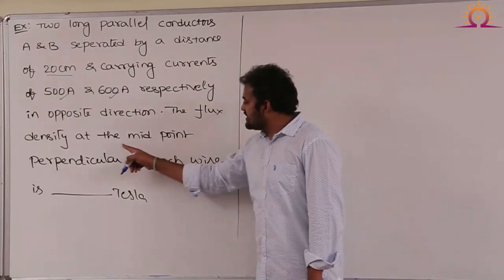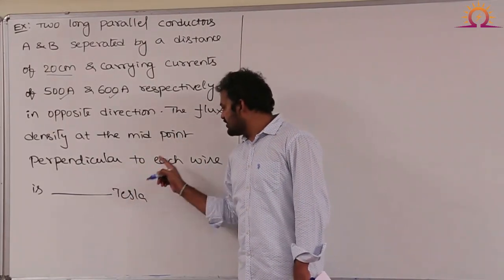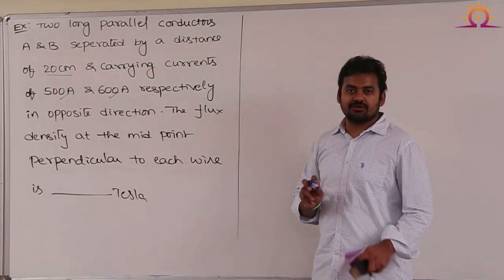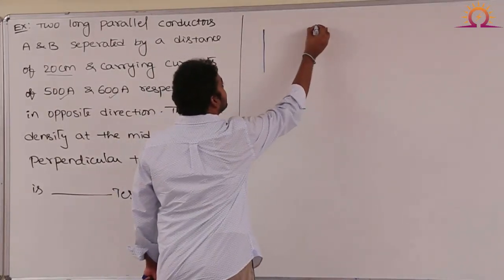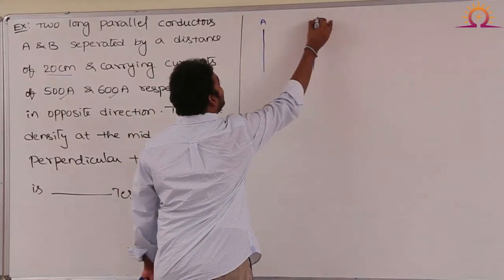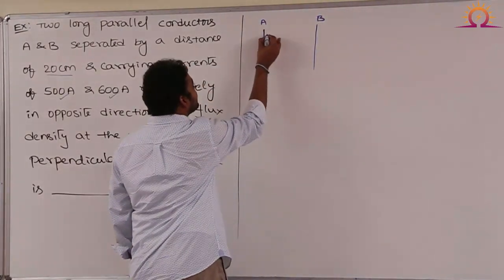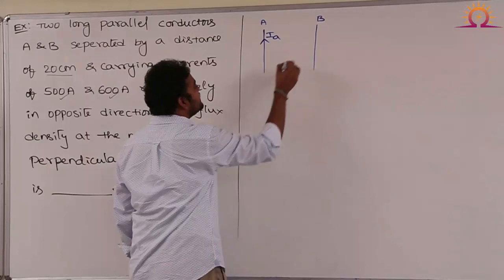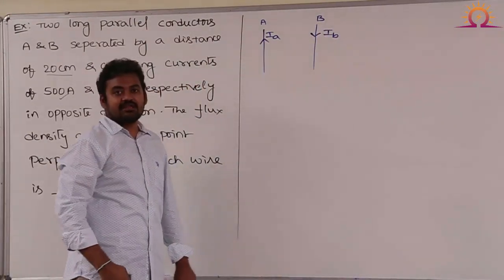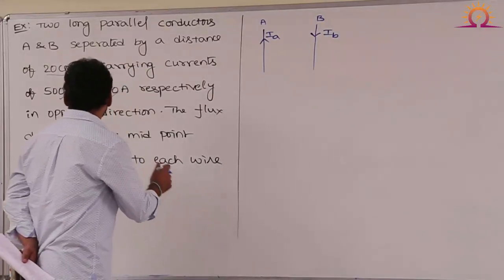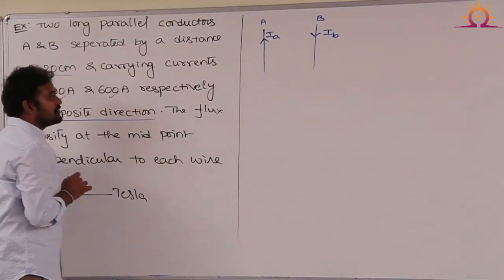The flux density at the midpoint perpendicular to each wire is how much? That means indirectly, there are two conductors A and B. First conductor is carrying current IA. Second conductor is carrying current IB. Both are carrying currents in opposite direction. That was given in the problem already.